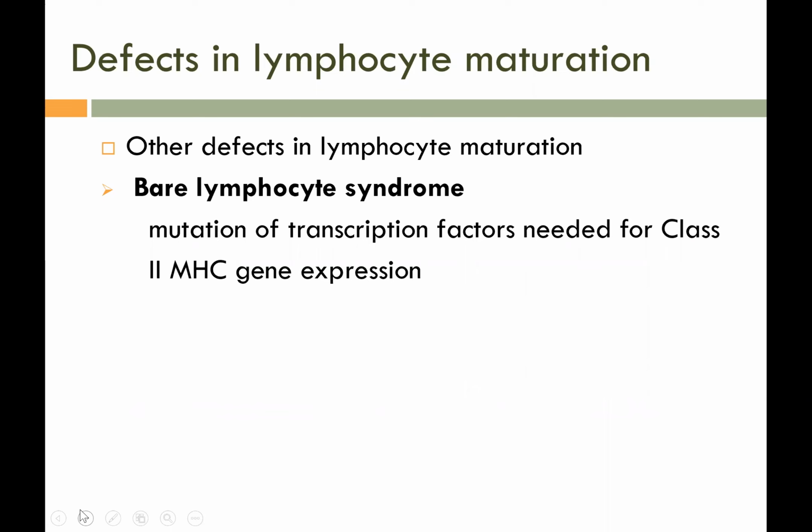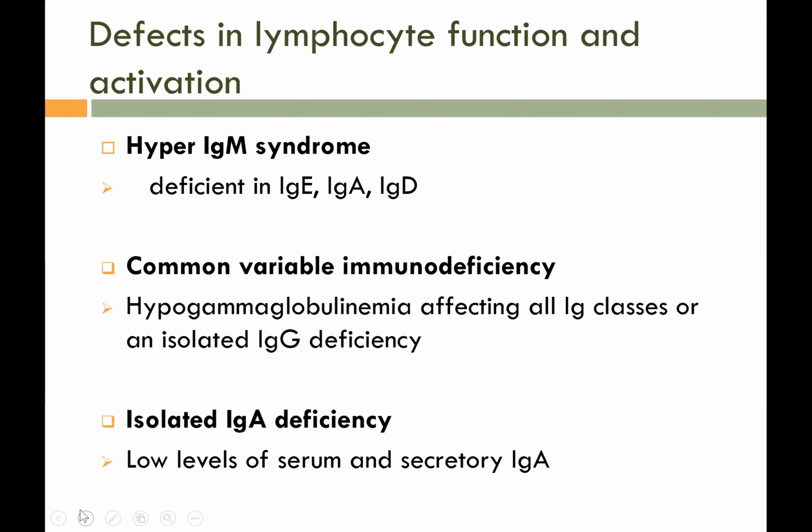Other defects in lymphocyte maturation would be your bare lymphocyte syndrome, a mutation in transcription factors needed for class 2. We also have what you call the hyper-IgM syndrome. In this disorder, the affected patients have IgM, but they are deficient in IgG, IgA, and IgE antibodies.